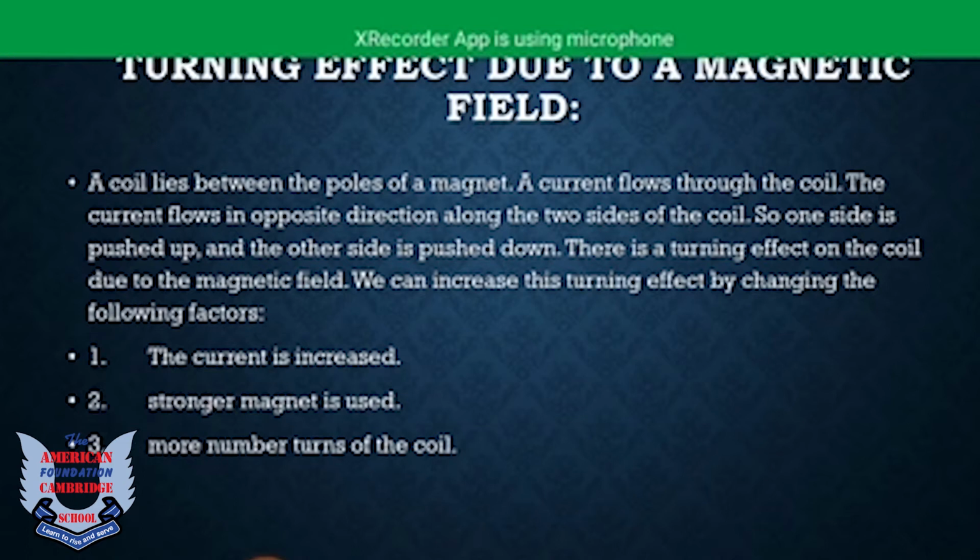We can increase the turning effect of the coil by increasing the following factors: the current passing through the wire coil should be increased, by using a stronger magnet which has a stronger magnetic field, and by using more turns of the coil.